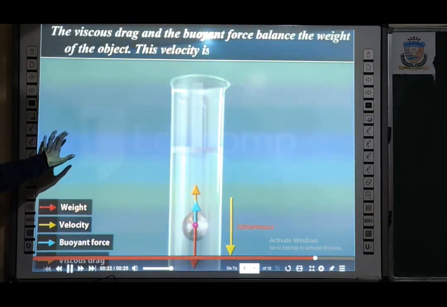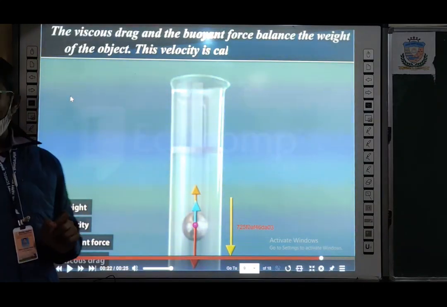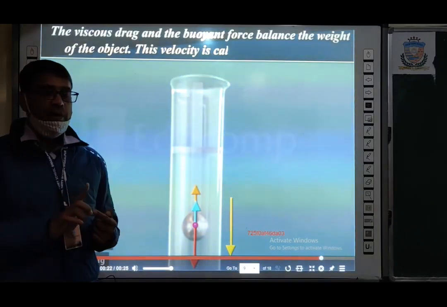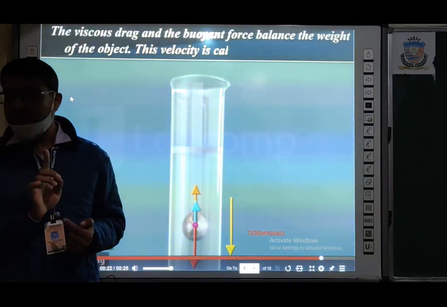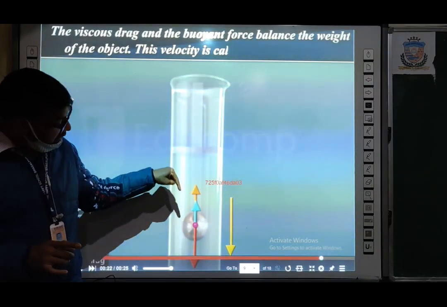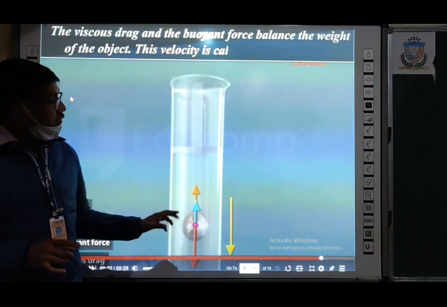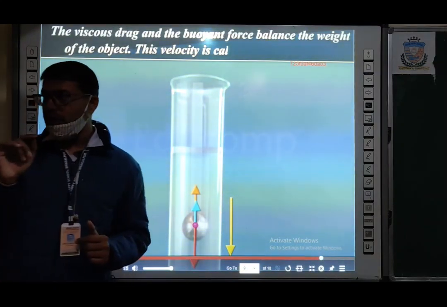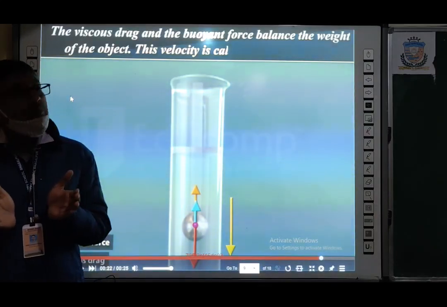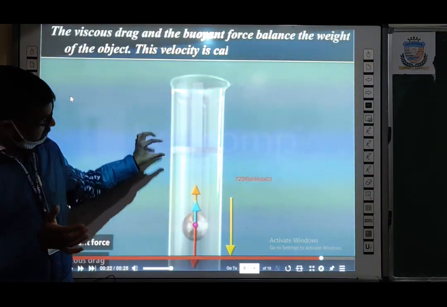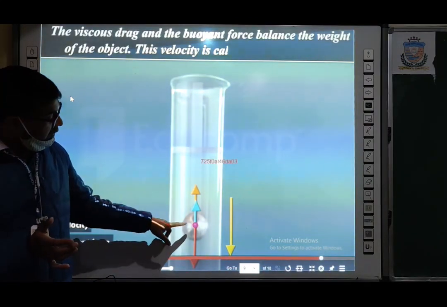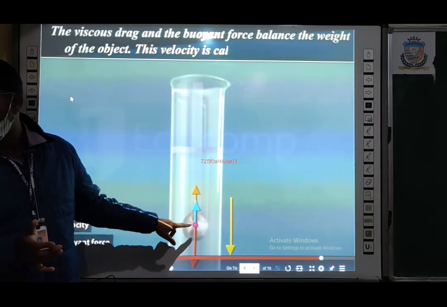So here you can see the ball is moving downward. Against that, the viscous force, or we can say viscous drag, works in the direction opposite to the direction of this velocity. According to Archimedes' principle, as you have observed in previous slides, the weight of the liquid displaced is equal to the volume of this ball.